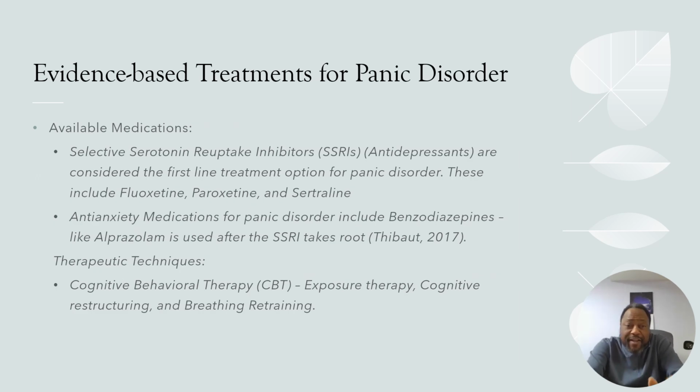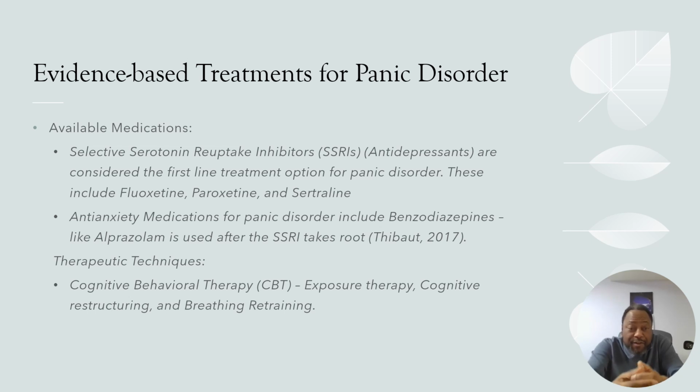In terms of evidence-based treatments for panic disorder, available medications include SSRIs, which fall under antidepressants. It's worth noting that SSRIs are usually considered the first line treatment for panic disorder.